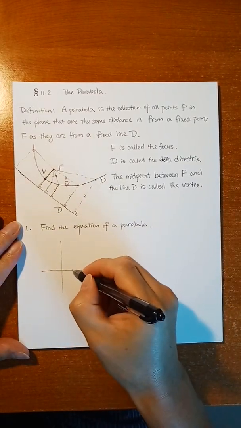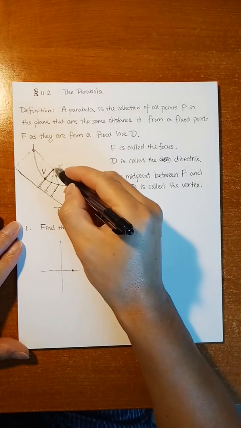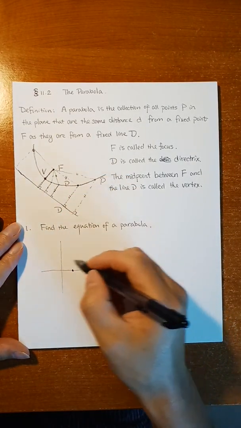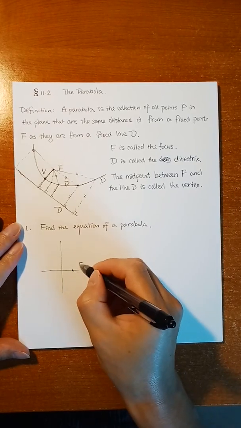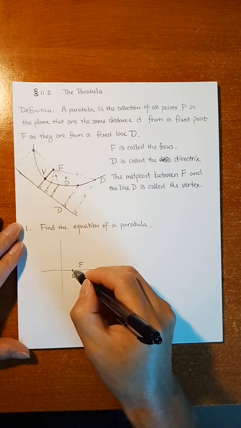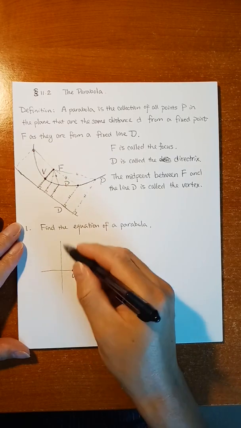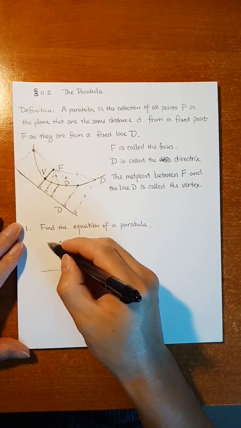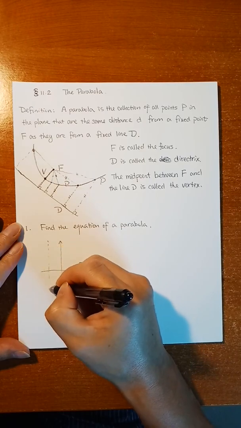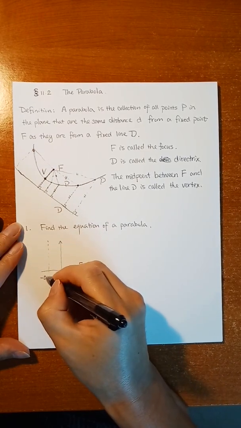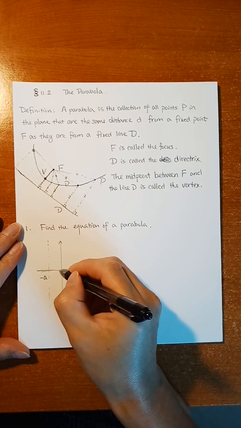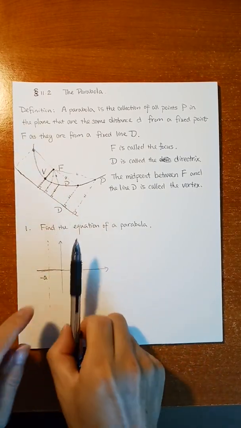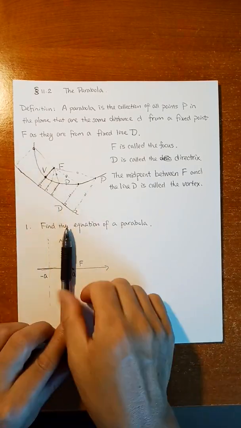So we're going to place the focus, this F, on the x-axis, positive direction. And we say the focus has x-coordinate a, y-coordinate 0. This is the focus. And symmetrically, we are going to place this directrix at negative a. When we say symmetric, we mean with respect to the y-axis. One is on the right side, the other one is on the left side.